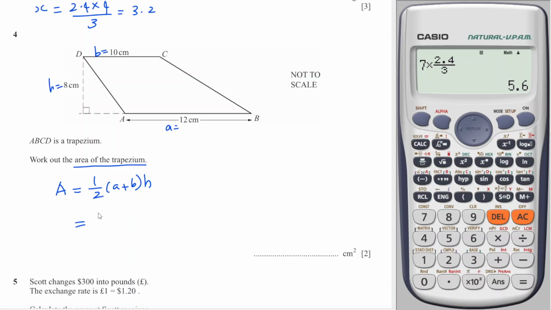Now I can write 1/2 times (12 plus 10) times 8. Now we can type everything in the calculator: 1 by 2 times (12 plus 10), then times 8. So our value will be 88. So this is the area of the trapezium.